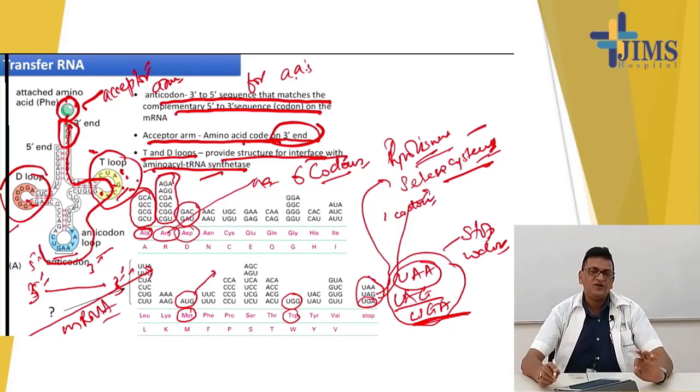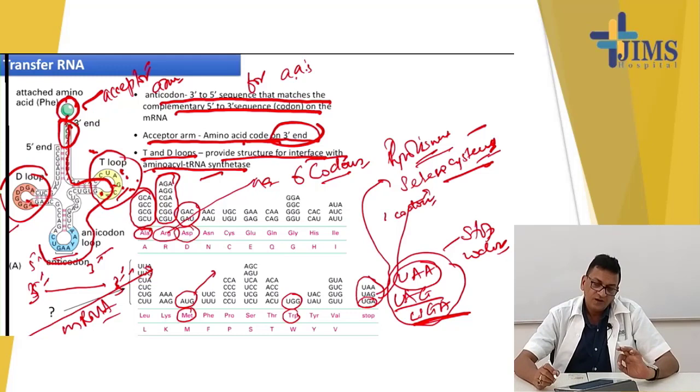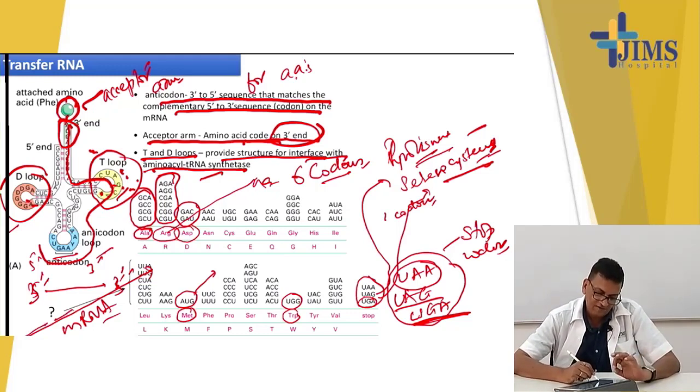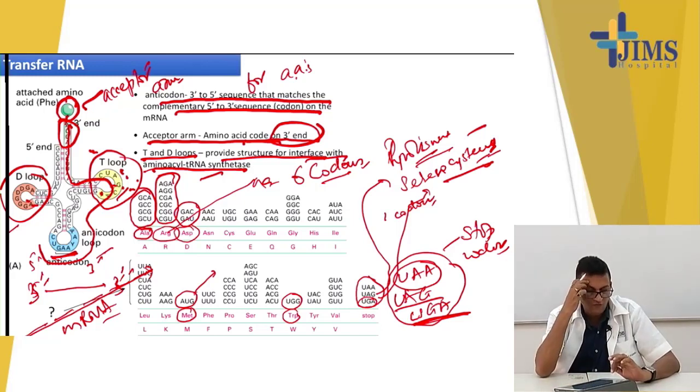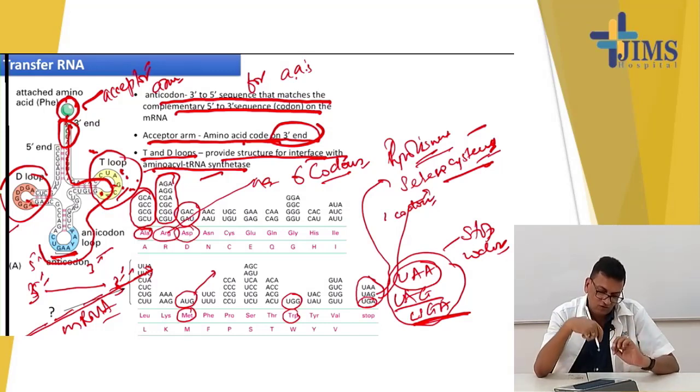So the mRNA sequence has to be read in the form of triple nucleotides, which will be complementary to that of the anticodon loop present in the tRNA. And remember one thing, not all tRNAs will go and bind to the same mRNA.